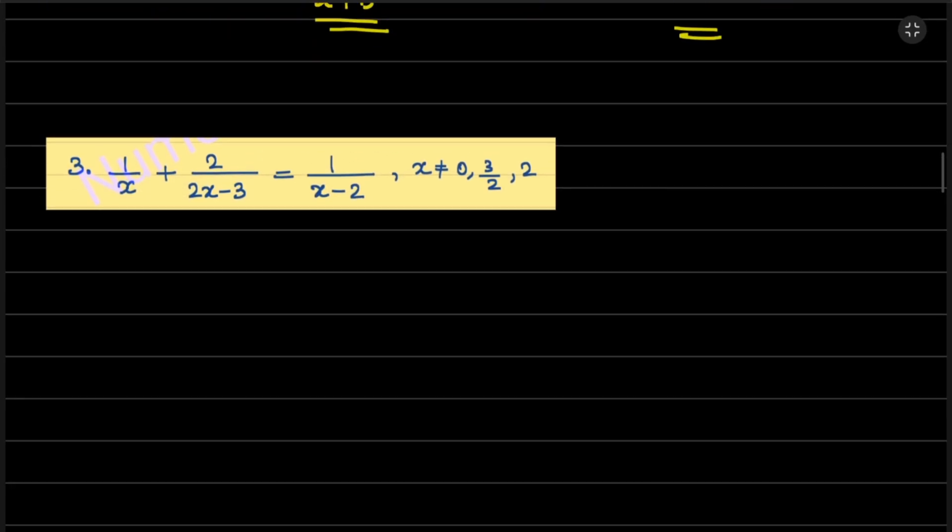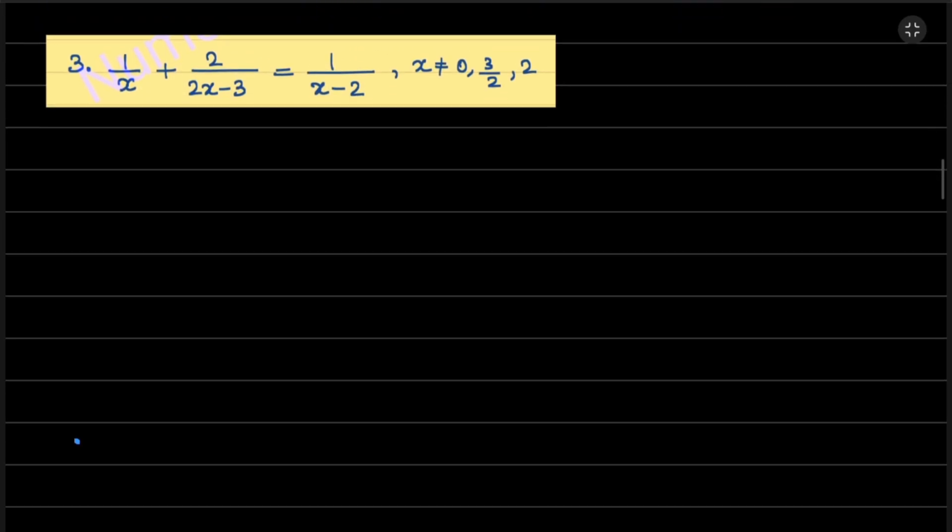1 by x plus 2 by 2x minus 3 is equal to 1 by x minus 2. So let's take the LCM first of all of the LHS. The LCM is x multiplied by 2x minus 3.